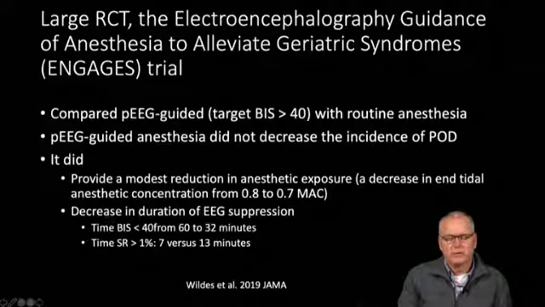It decreased the duration of EEG suppression, which they looked at as BIS less than 40, and it went from 60 minutes to 32 minutes. And then they looked at the time the suppression ratio is greater than 0, in this case greater than 1%, and it was 7 minutes total time in the EEG titrated group versus 13 minutes with no form of titration.